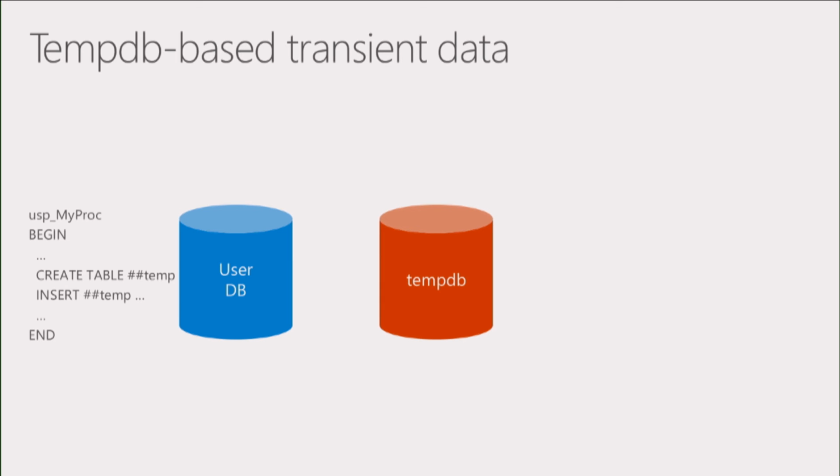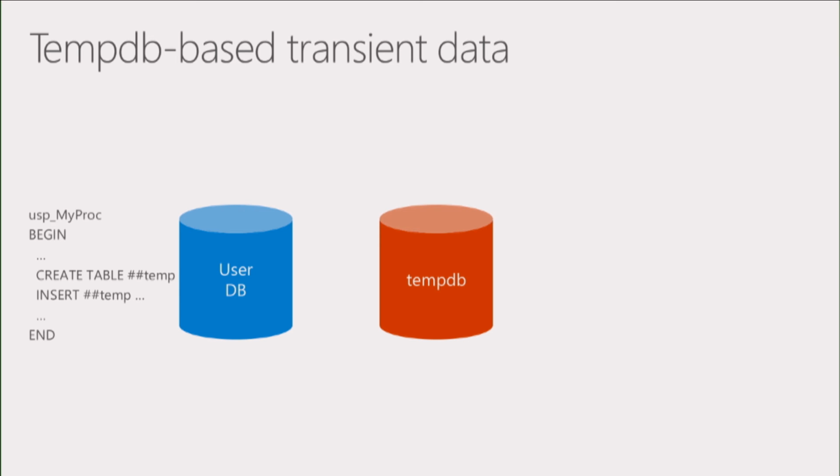And when you think about transient data, that is where people often use temp tables. Typical use of temp tables is, well, you have a stored procedure that does a whole bunch of business logic, and you use temporary tables as a means to store intermediate result sets, so you can do further processing based on that.